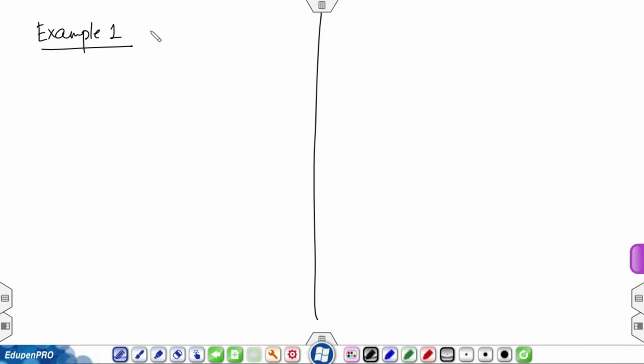This is problem 33, chapter 7, Griffiths. And this problem is as follows.